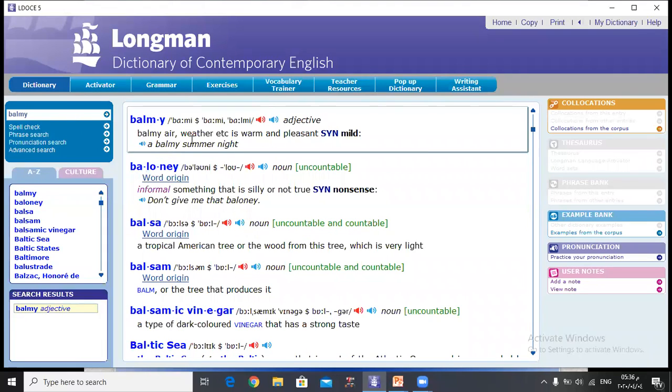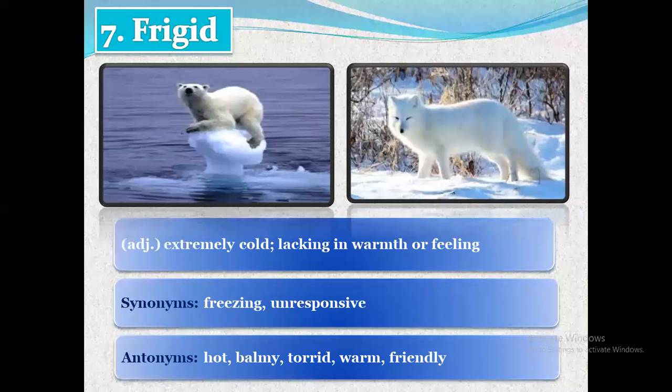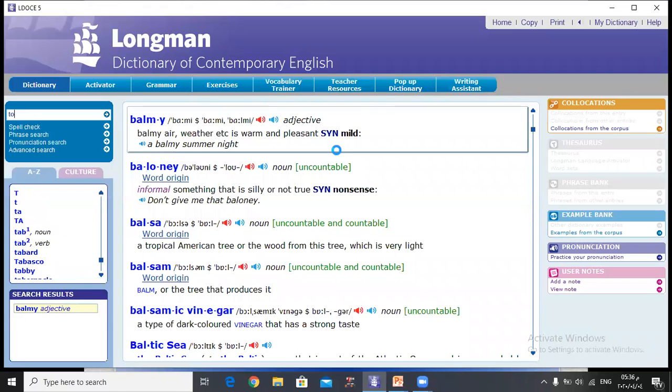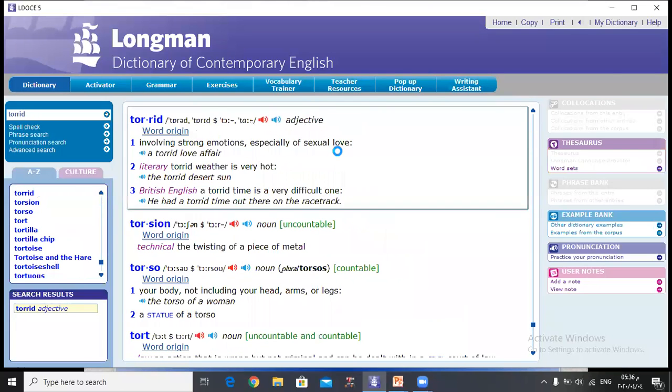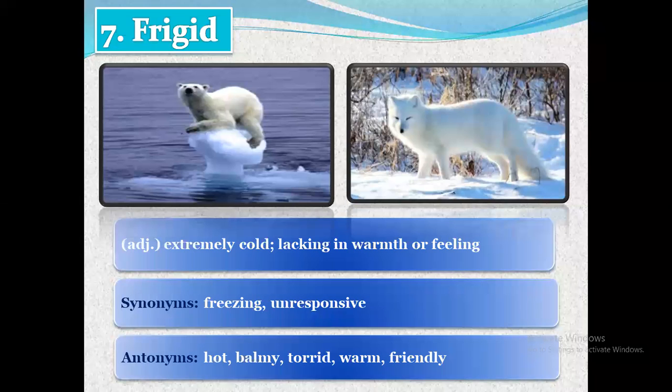It means weather or air that is very warm and pleasant, like mild weather. If you remember the word mild, we studied this before. So balmy, and torrid also. Torrid means what? Torrid weather. It's very hot weather, and also friendly and warm and so on.